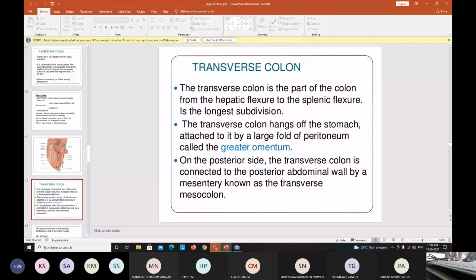On the posterior side, the relations are the posterior abdominal wall and the transverse mesocolon.